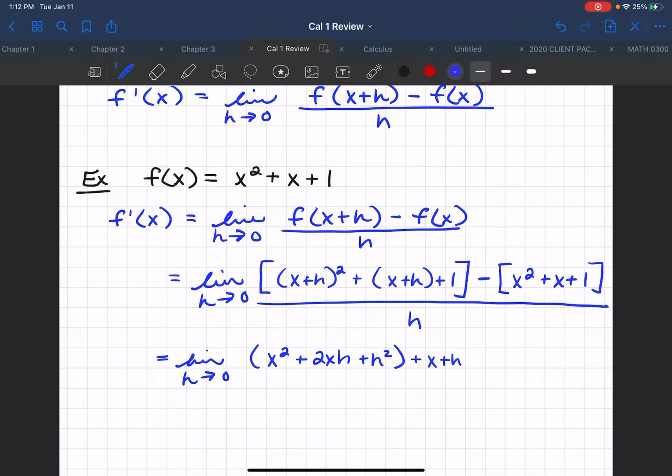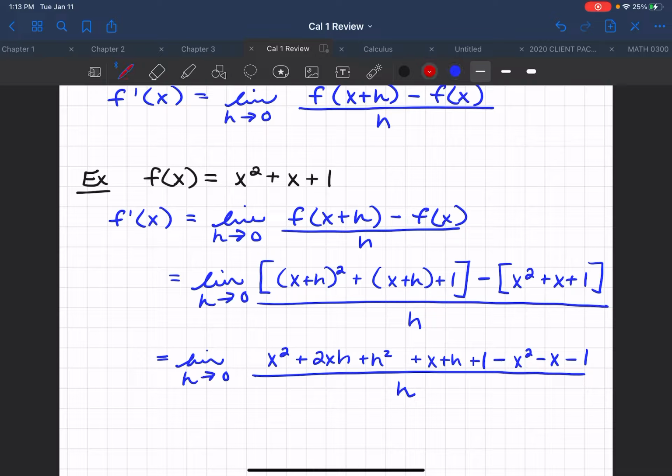I'm going to go ahead and drop those parentheses just because I don't need them. And then I've got plus 1. And then I'm going to distribute the negative into the second bracket, so I have a negative x squared minus x minus 1, and then that's all over h.